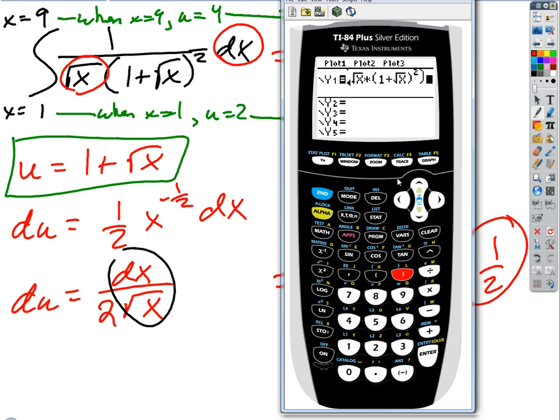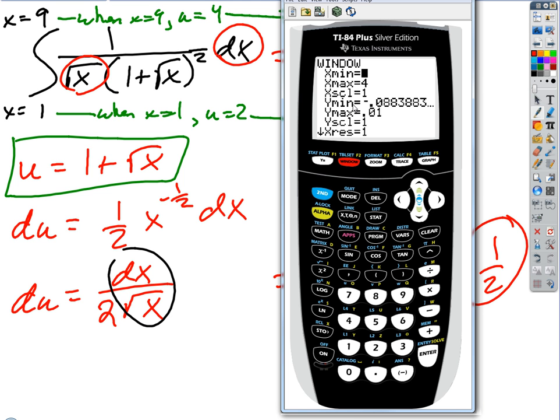Let's graph that from, how about from 0 to 10? And I guess I don't need to graph from 0 to 10.